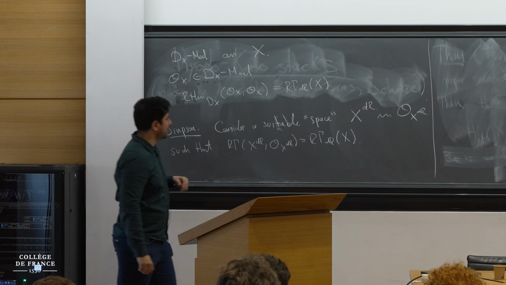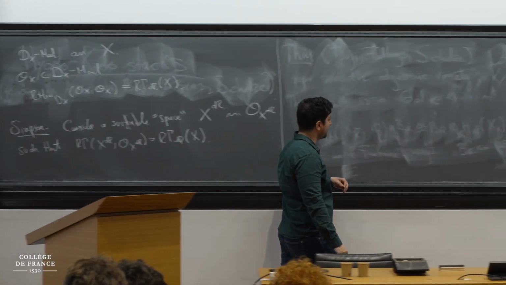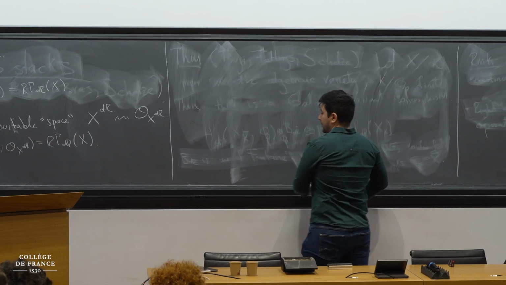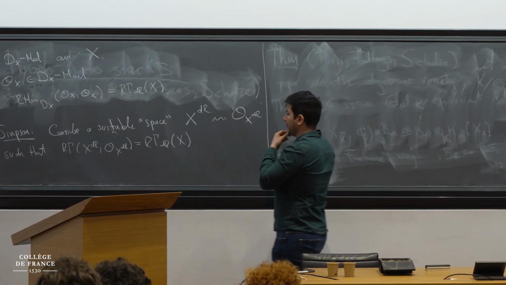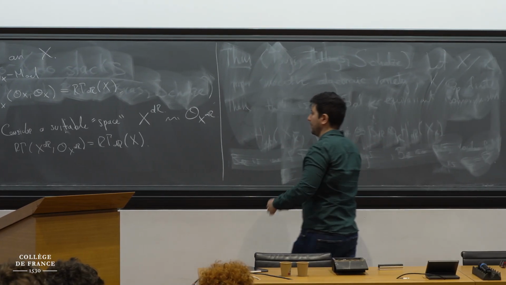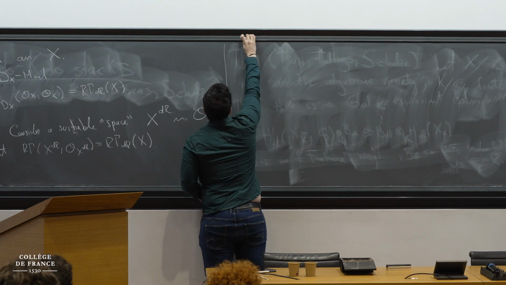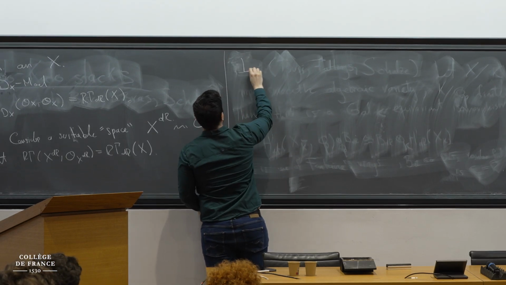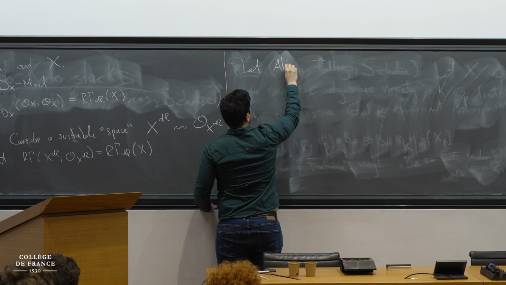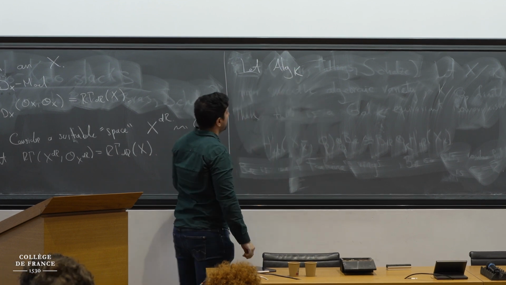So this space, that from now on I'm just going to call a stack, is nothing but this Simpson's de Rham stack. So there are different ways to make sense of this. Let me give the actual definition and then tell you how this looks like. So let Alg be the category of K-algebras.